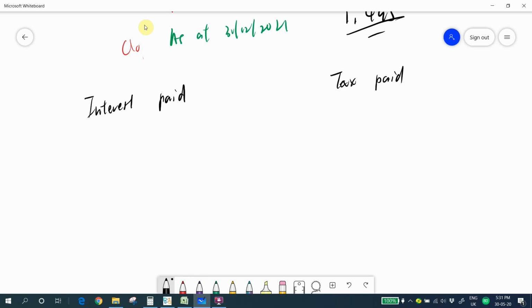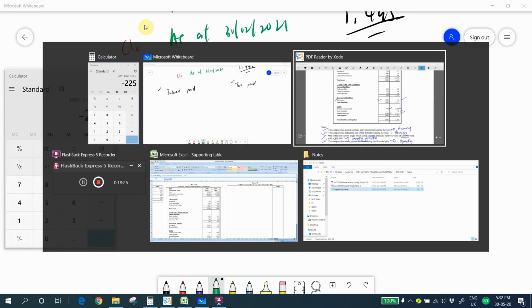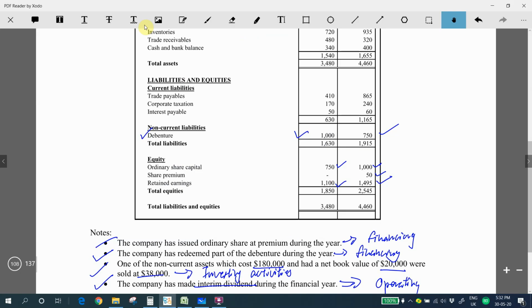These two are information that you are required to do a working to find out. So what are the related accounts for this interest paid and tax paid? The related accounts will be your corporate taxation account and interest payable account. So let's prepare a simple interest payable account and corporate taxation account.